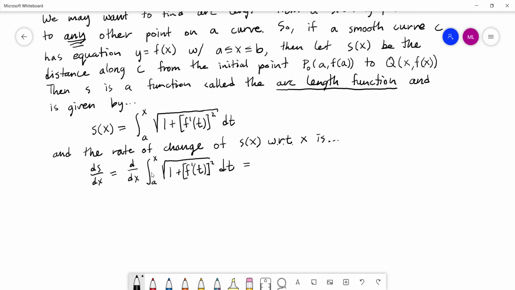The derivative and the integral basically cancel with each other, and this bound winds up replacing the dummy variable. And so we wind up just getting the square root of 1 plus f prime of x squared. Or, alternatively, if we write it in Leibniz notation, the square root of 1 plus dy dx squared.